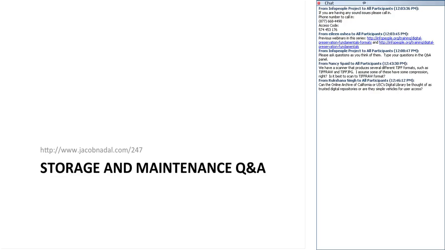I suspect that they are lowercase trustable digital repositories. That is, knowing some of the people who are working on those systems, they're smart people and they're doing good work. In terms of being certified repositories, that's a little bit of a separate question, but I don't think that's the primary intent of this question.